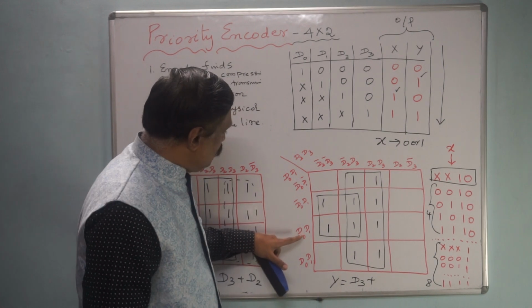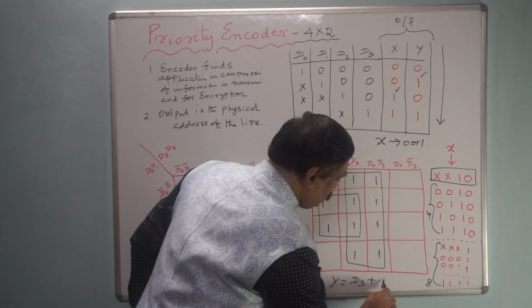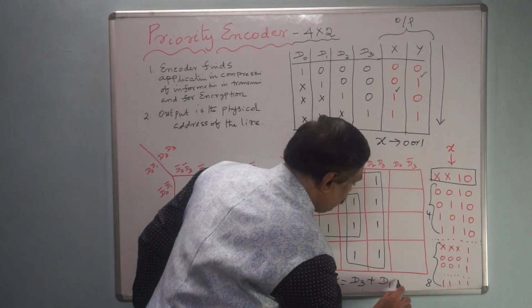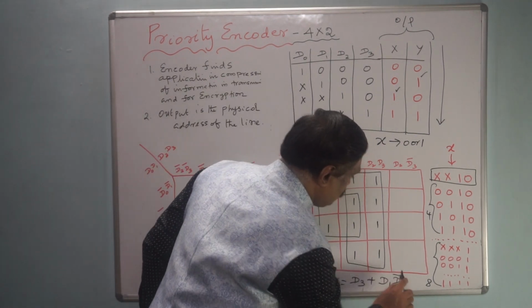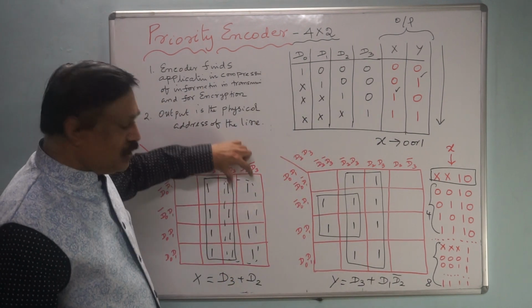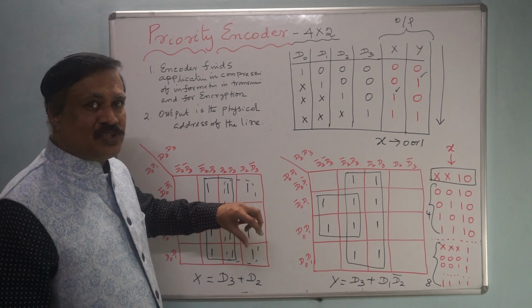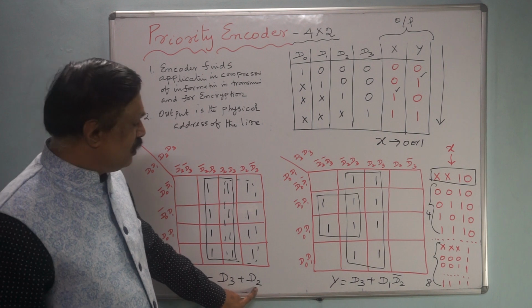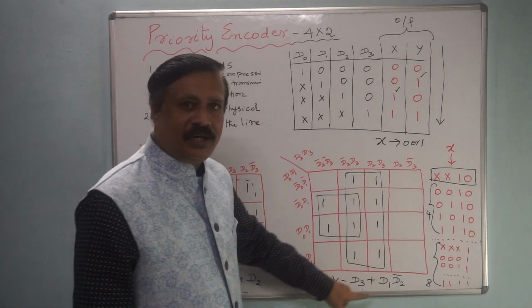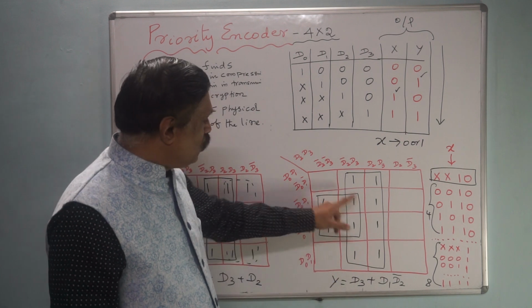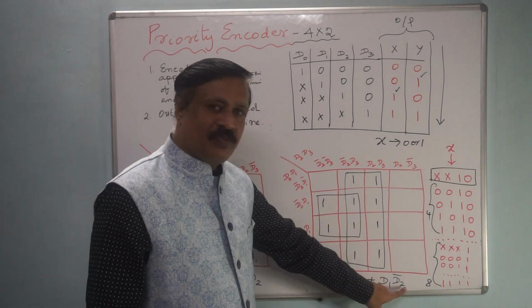Here variable is D1, and here D2 complement. Here two octets are there, one octet, another octet. Octet eliminates three variables. Therefore, you are having one variable here, one variable here. And here one octet is there. Therefore, here one variable and one quad is there. Therefore, you are having this variable.